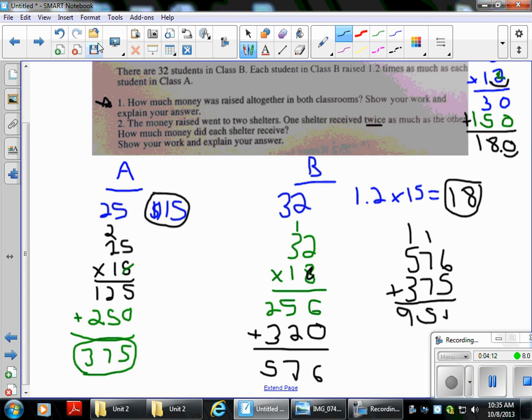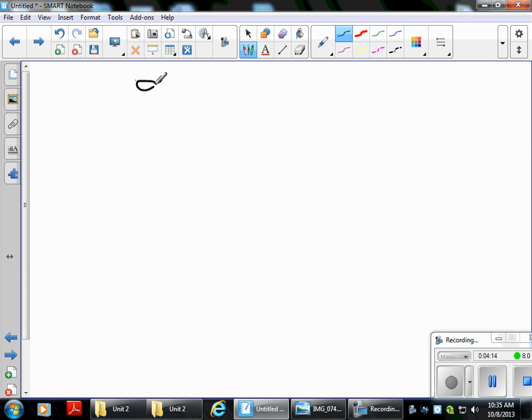I'm going to take 951. I'm actually going to, because I have shelter A and I have shelter B. I'm going to say shelter A raised twice as many, so I'm going to say shelter A raised 2/3, and shelter B raised 1/3.